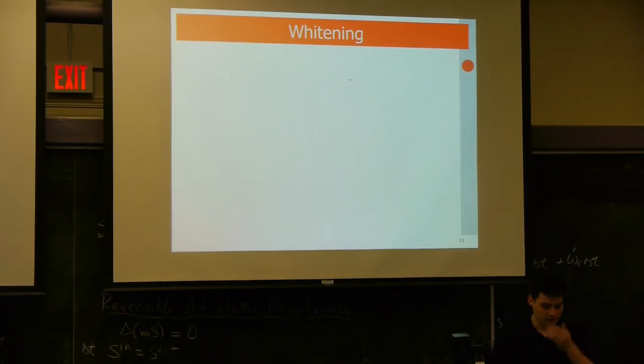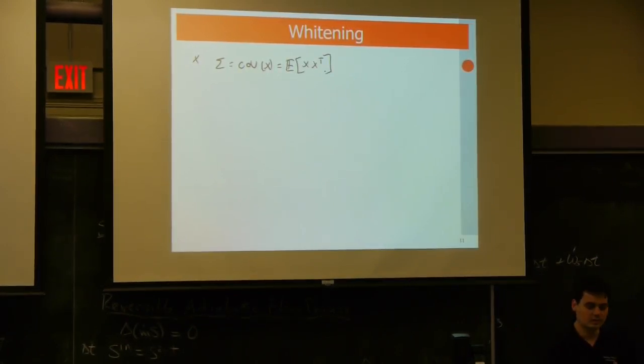Okay, another trick that we will do is called whitening. Have you ever heard of that? Right, some of you. So what it does is the following. We have quantities X, and let matrix sigma be the covariance matrix of X, which, because we assume that its mean is 0, is the expected value of X X transpose.